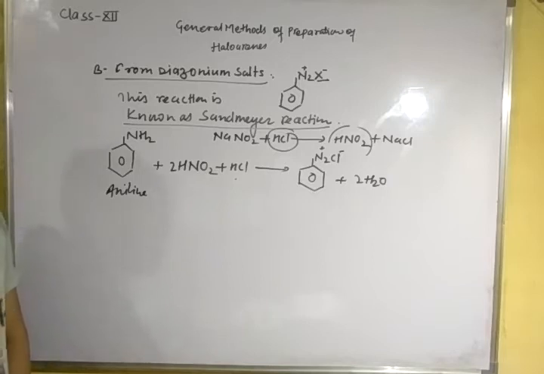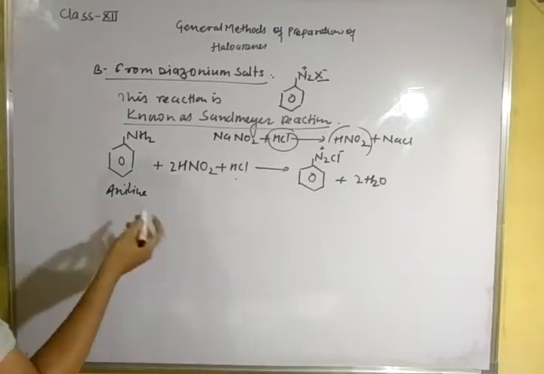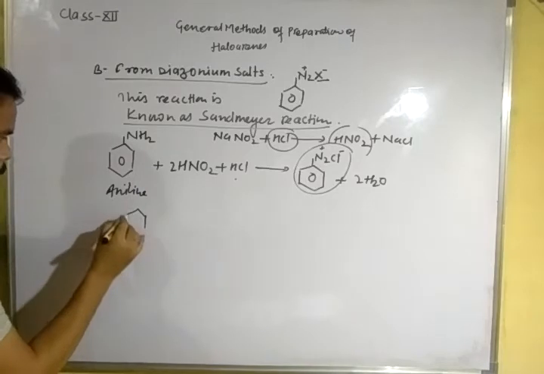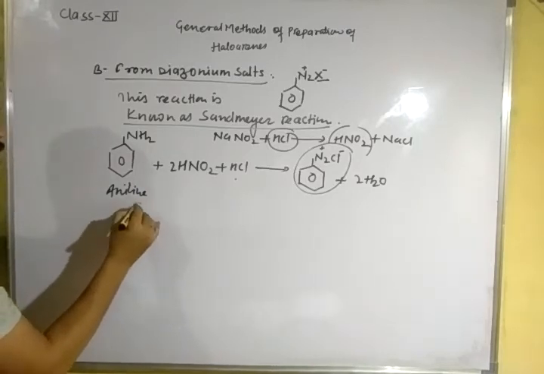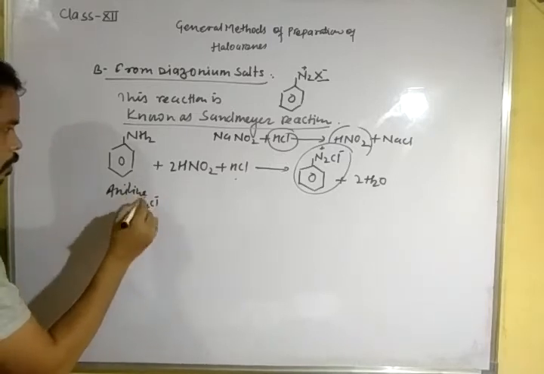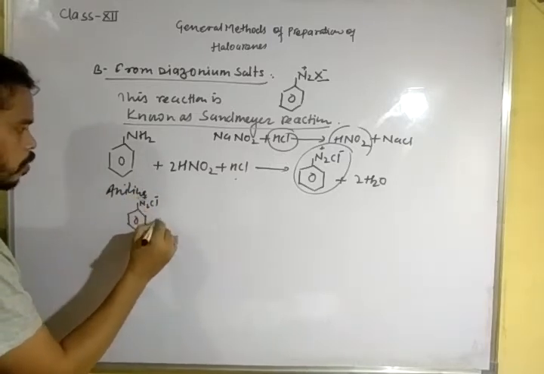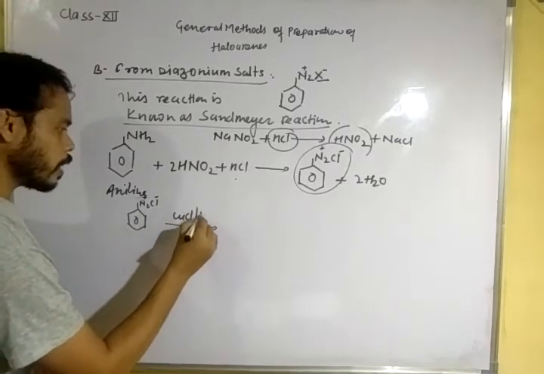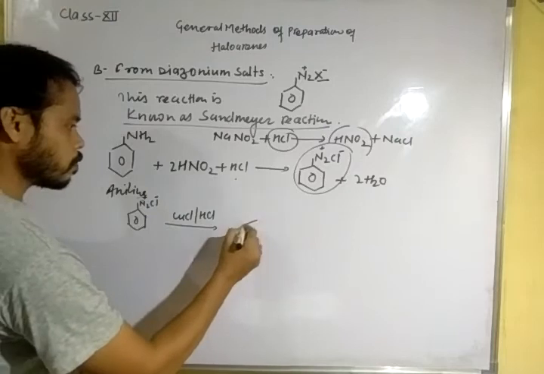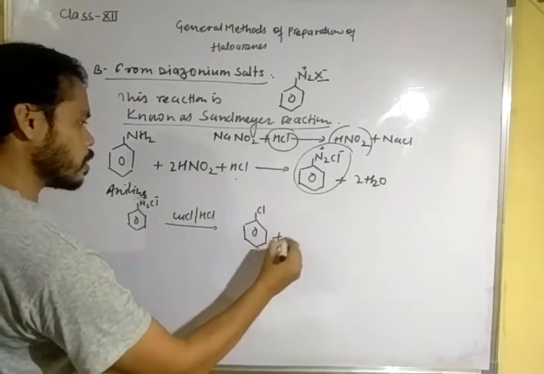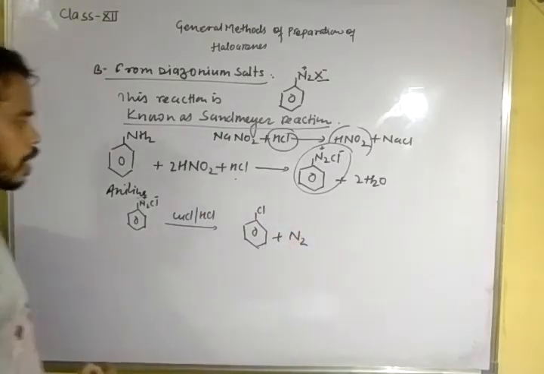Now see here, when benzene diazonium chloride is treated with cuprous chloride in HCl, it forms chlorobenzene with the elimination of nitrogen gas.